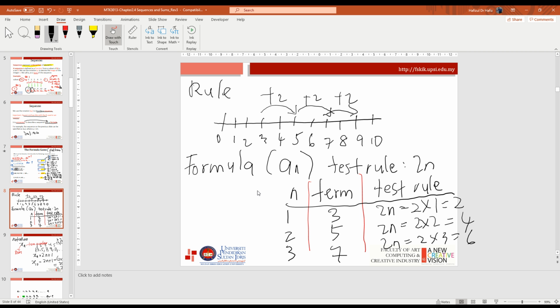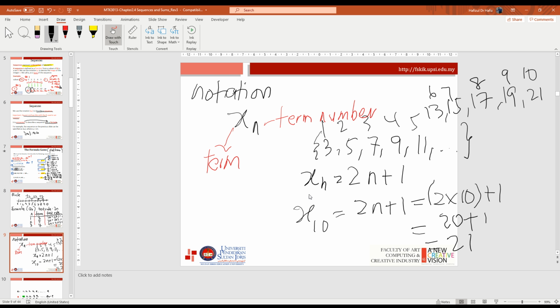And then this one is the rule. If you have a rule like this, from 1 until 10, and then it jumps. From term 1 to term 3, we can use the rule 2n: 2 multiplied by 1 is 2, 2 multiplied by 2 is 4, 2 multiplied by 3 is 6, and so on. The x is the term, and the n is the term number.